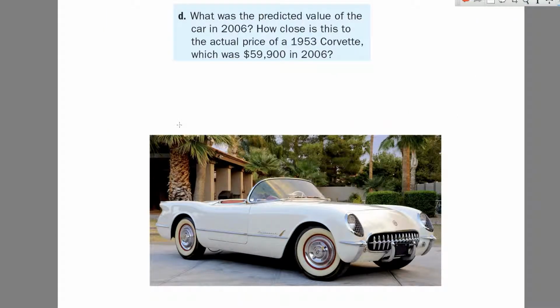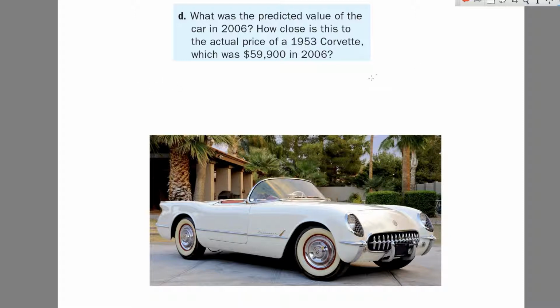Okay, we're looking at a 1953 Corvette. And what was the predicted value of the car in 2006? How close is this to the actual price of a 1953 Corvette, which was $59,900? Well, something seriously changed because it was going down in price, and now it's worth a lot more. So let's see what it would have predicted using the depreciation equation.